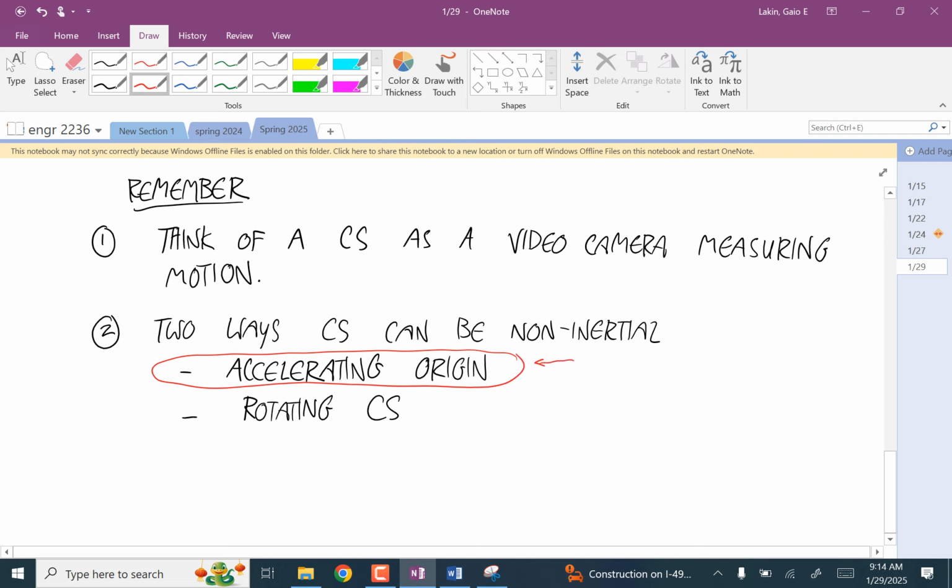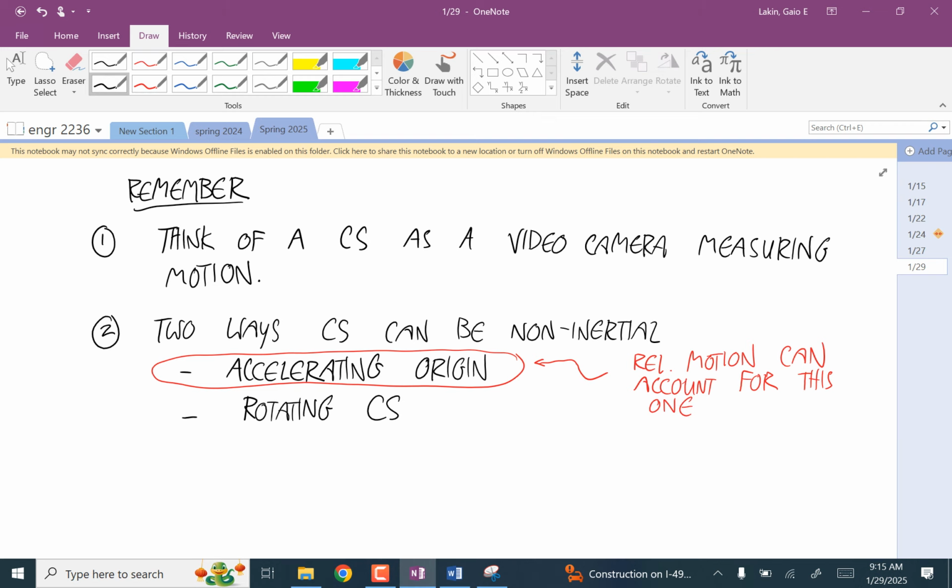Relative motion is how we account for this one. So once we've talked about this, you would know how to correct your data from that camera. According to the camera, you're not moving, but we'll know how to correct for that. If the camera's spinning, we still don't know how to deal with that, but we'll do that later.